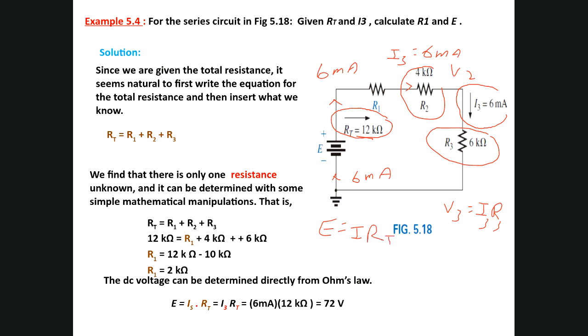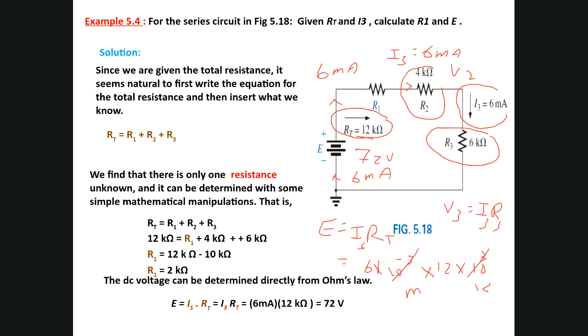You have here the 6 milliamp, which is 10 to the power minus 3, times the total resistance here, 12 times 10 to the power 3. Here is K and here is m. I can cancel 10 to the power minus 3 with 10 to the power 3, then I multiply 6 times 12, which is 72.